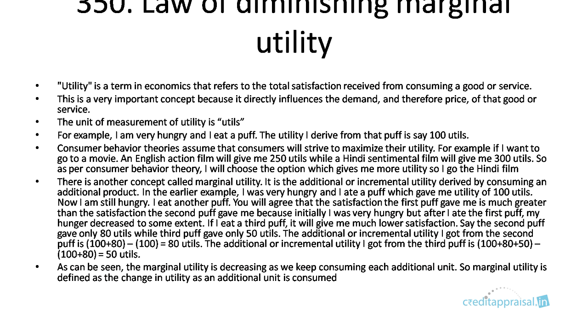So there is a concept called marginal utility. This is the additional or incremental utility that I get as a consumer by consuming an additional product. Say for example, I was very hungry and I ate a puff that gave me a utility of 100 utils. But now I'm still hungry. I want to eat another puff.